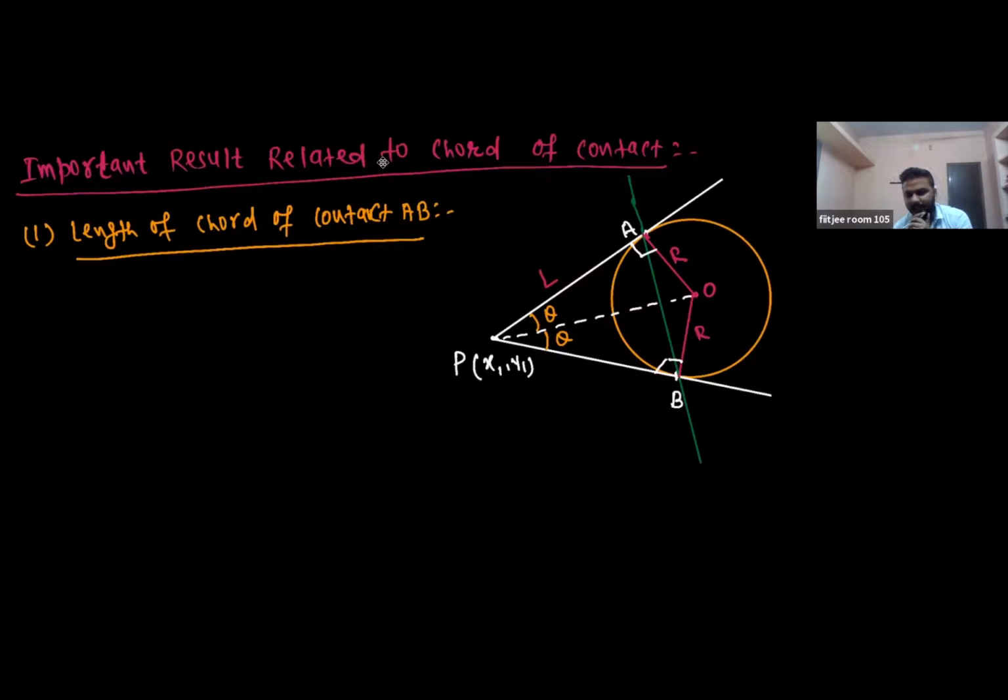I can find the AO distance, that is capital R, because it is the radius. And the OP distance we can already find out. Everything I have.